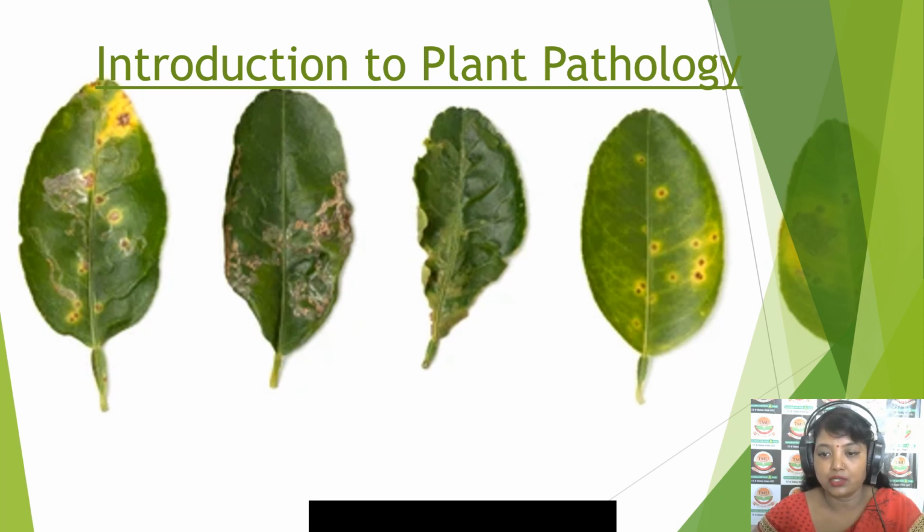Some are showing drying areas, and some are showing yellowing and cracking. Because of this, we can make out that the plant is not healthy and is suffering for some reason, due to some environmental factor and also due to some biotic agents. So this we deal with under pathology.